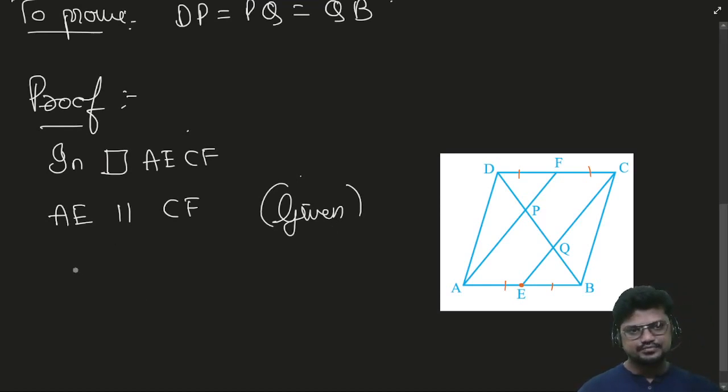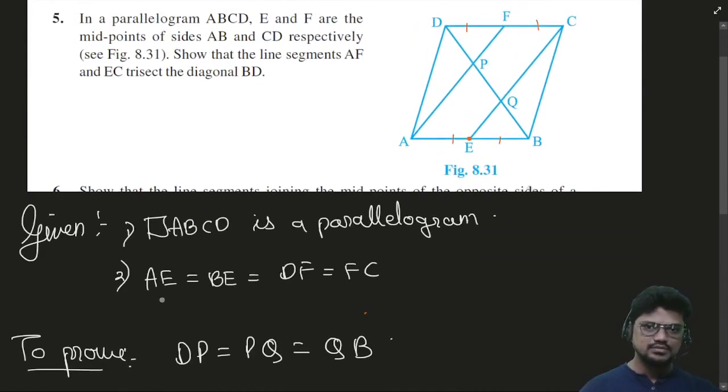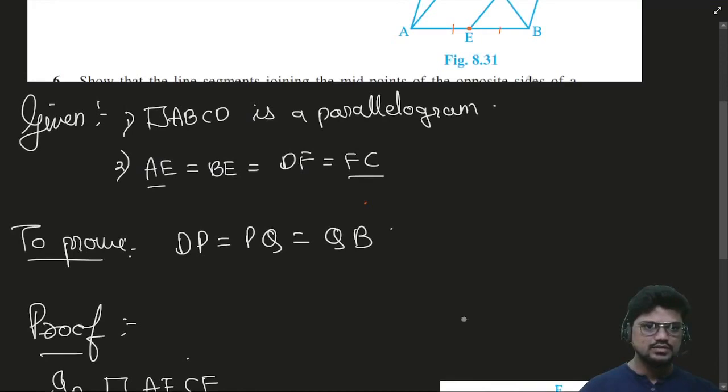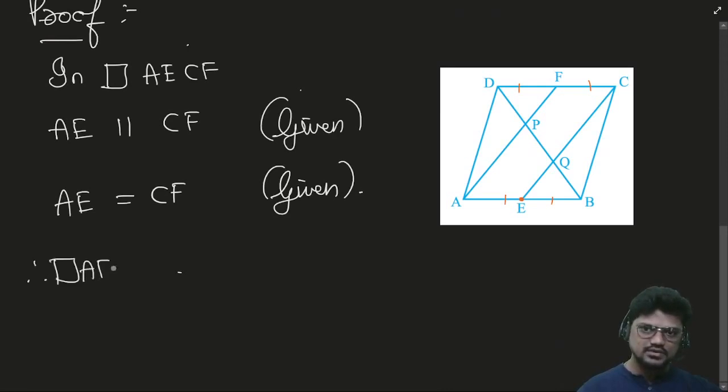Also, AE is equal to CF. That also comes under given, from the given part. AE is equal to FC over here. Got it? Therefore, can I say quadrilateral AECF is a parallelogram?